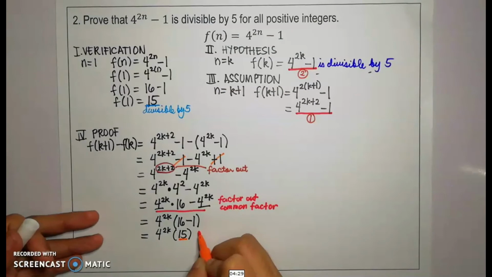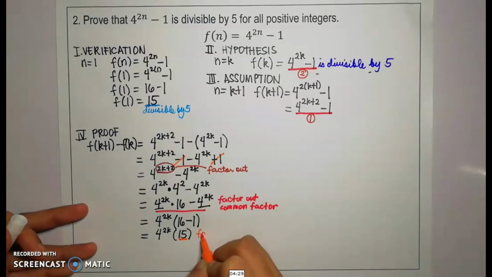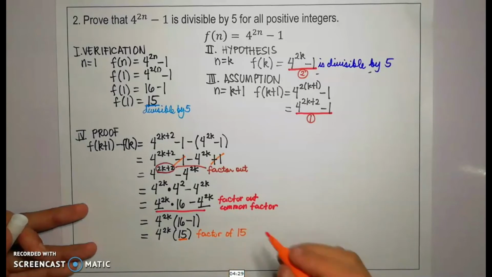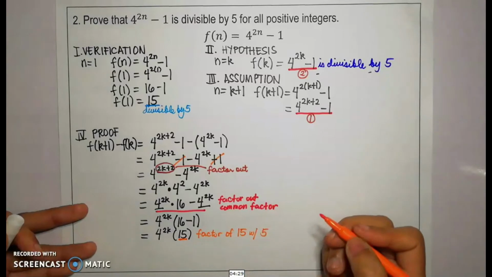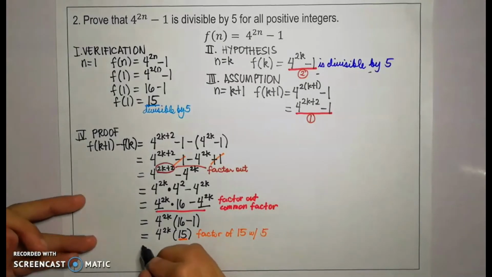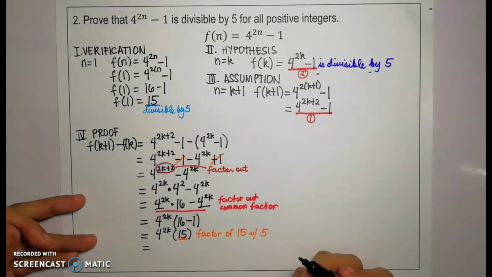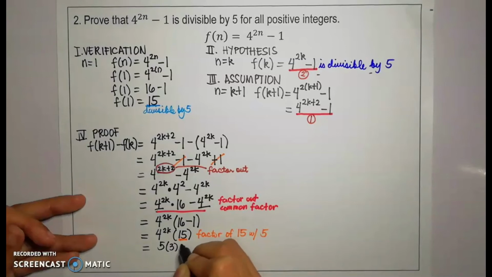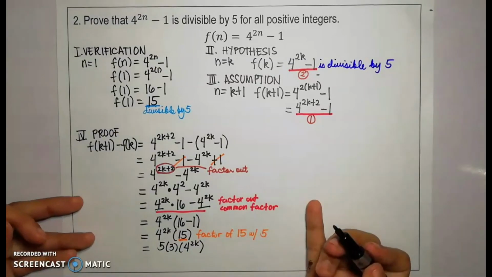At this point, we need to factor out 15 with 5 in it. So we have 5 times 3 times 4 raised to 2k.